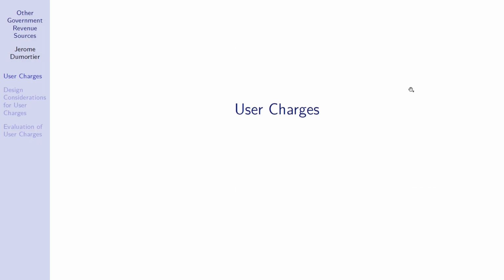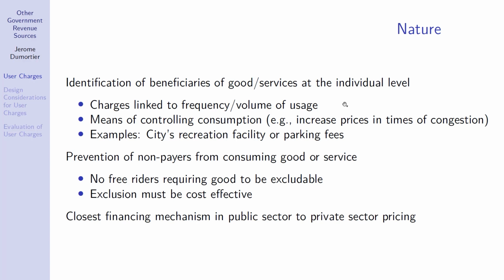So let us talk a little bit about user charges. Remember that user charges are the price for a publicly provided or publicly produced good. So here, we need to identify the purchaser of the good and services at the individual level in order for that person to pay the user charge.